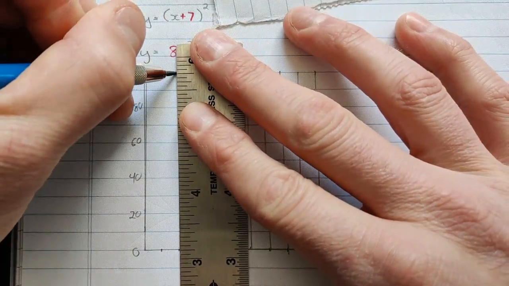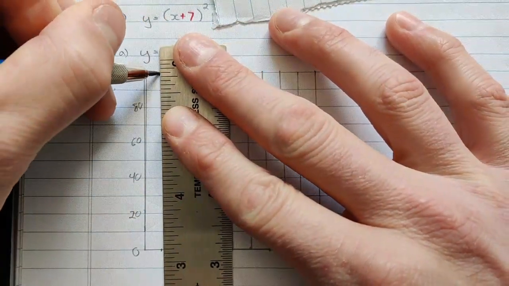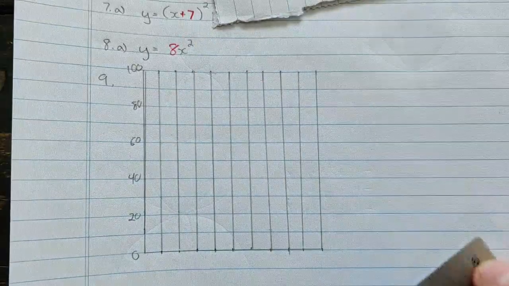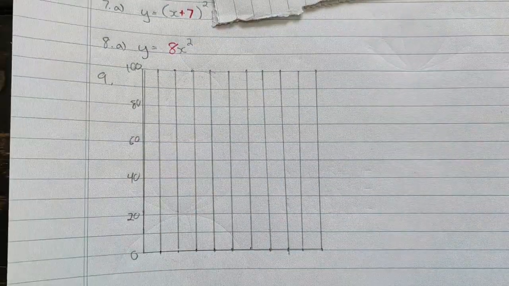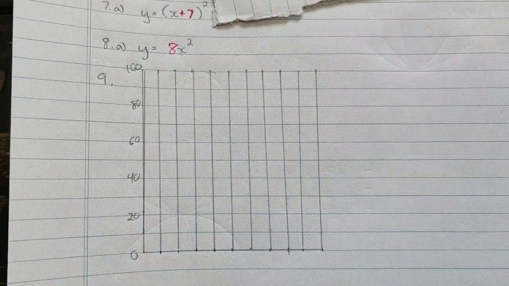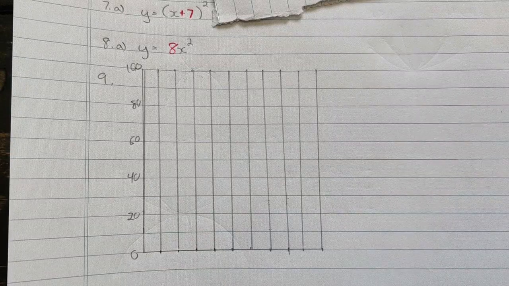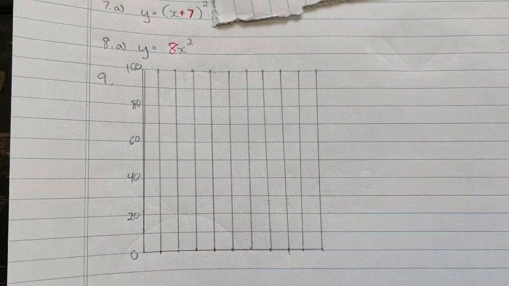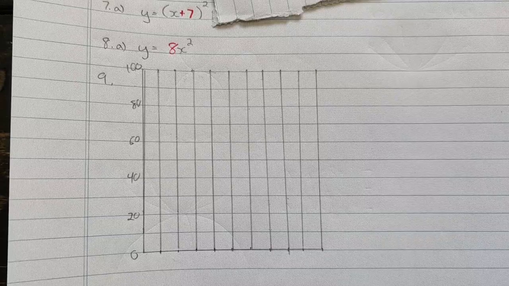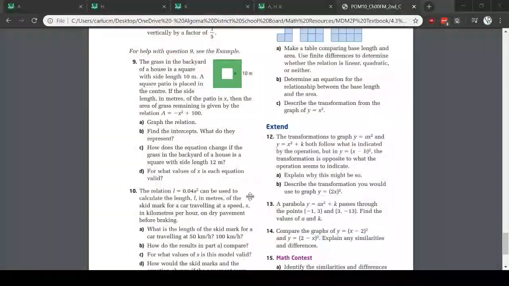You can also use Desmos. There is a quick graph that you could do by graphing, but let's actually take a look at it in Desmos. Back over at y equals, for a, equals negative x squared plus 100.